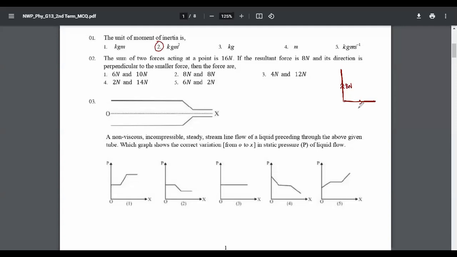So if you take this as x, how should the other force have been? If you are getting the resultant like this, we know we can complete the parallelogram because it's based on the parallelogram theorem. People, this is the diagonal. This is one side, and this should have been the other side. So I can draw a parallel side here, and then another side parallel to this x. So the other force, the next force we are looking at should be the one I just drew. This one. It should be the next force.